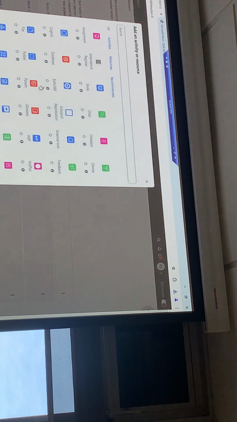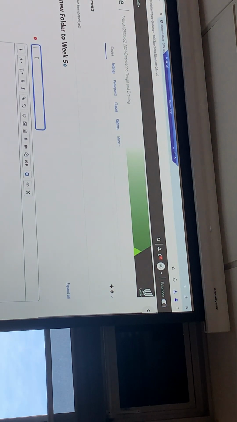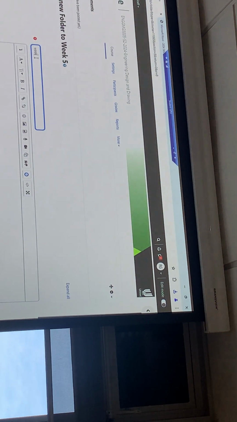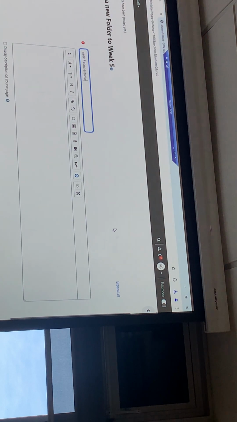So we'll add a folder and we'll put it all in the folder. Just call it week 5 class exercise. And we will drag it in.